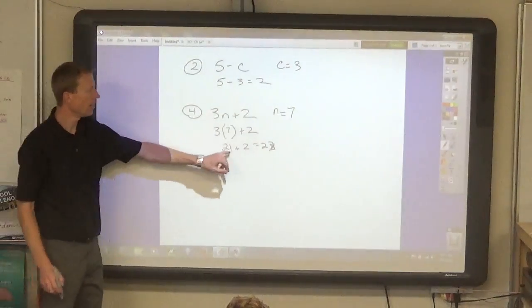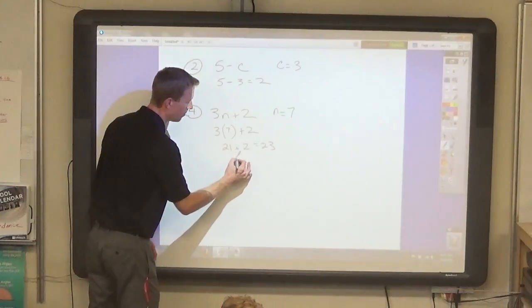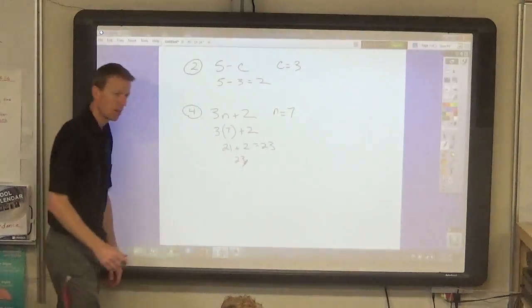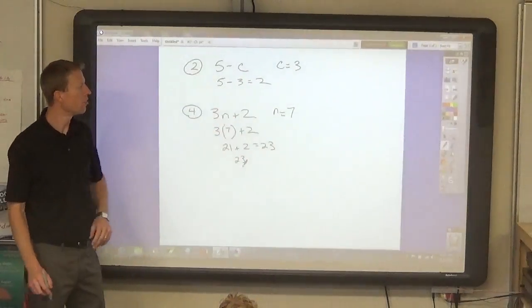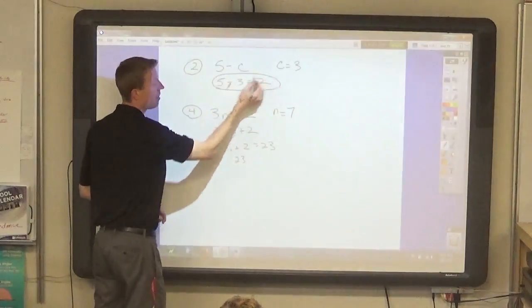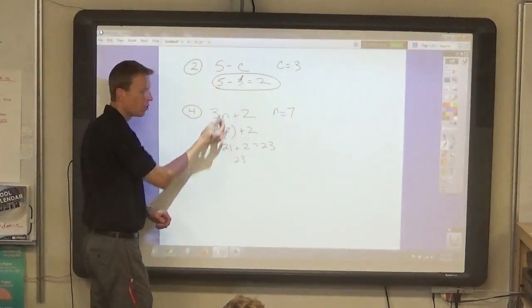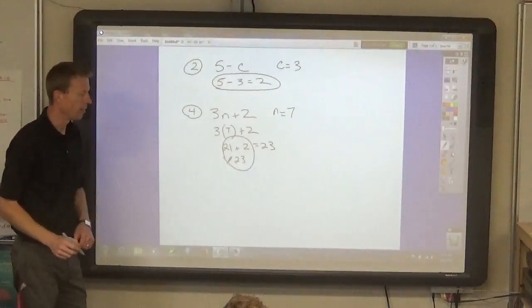Now, you may also write the answer underneath it if you want. Instead of writing the 23 on the side, you could also write it underneath. One thing I would like you to do is to circle the answer. And since this includes the substitution, I want you to circle the whole thing, like that.